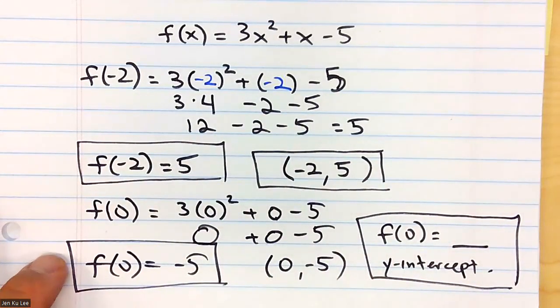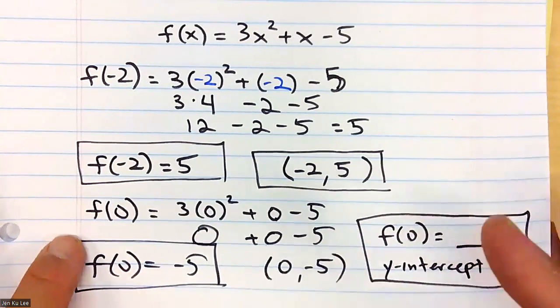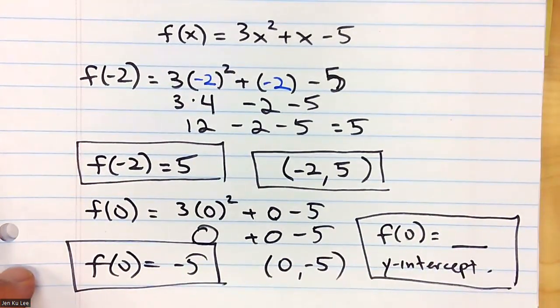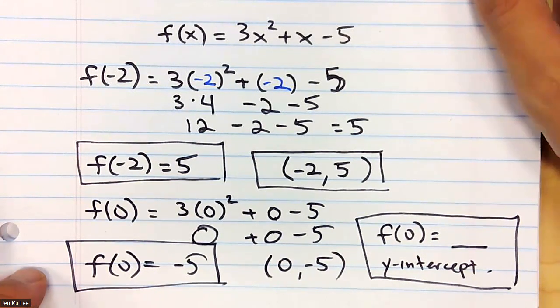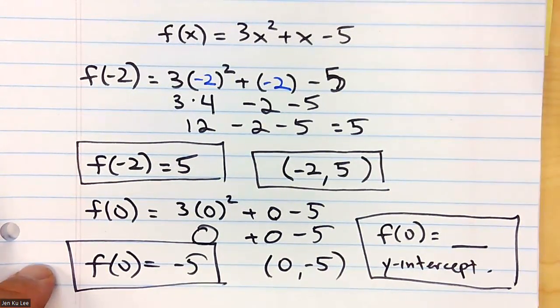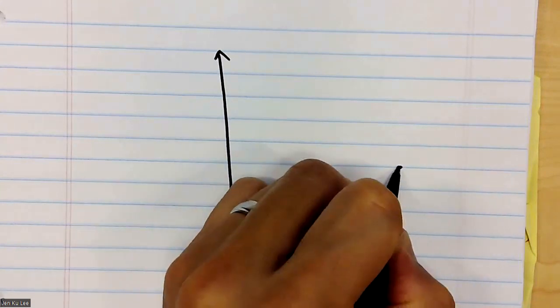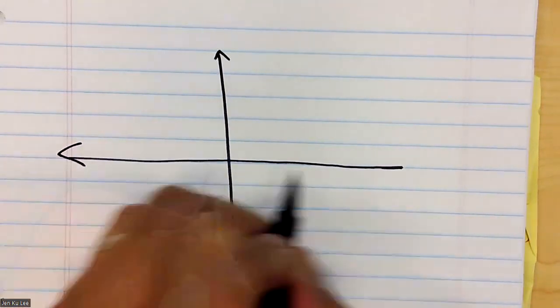Remember a function, every x value has exactly one y value. If an x value has two y values, it's not a function. Okay, let's think about that for a little bit, before we go on to the next part. If I graph this, right?